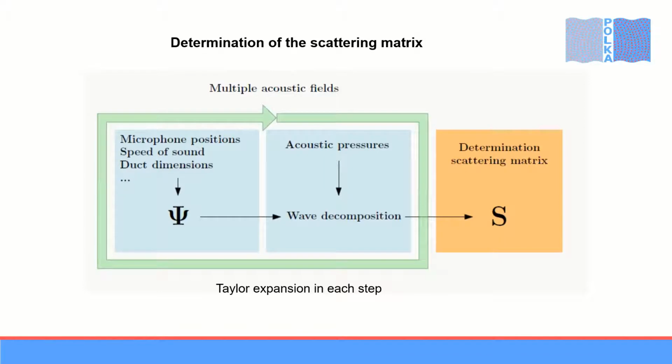So there are two steps where the effect of errors could change, or the errors could be enhanced. So you do a Taylor expansion for the analysis in each step.